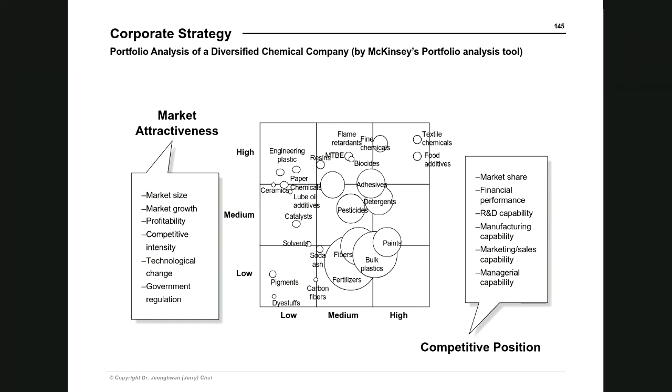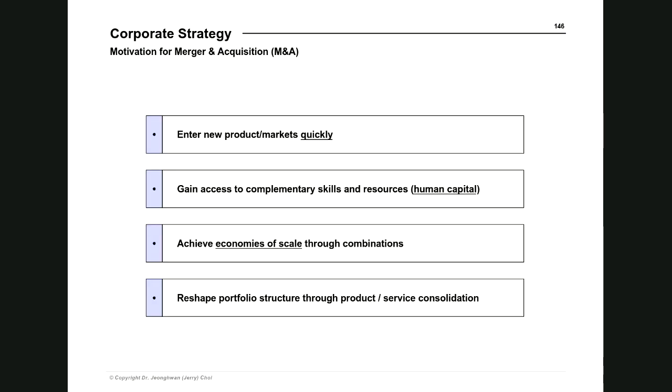Okay, good. So M&A: why do businesses, why do companies buy and sell a lot of businesses? There are a few reasons. First, if I want to go into a product, market, or service quickly, speed matters. So I'd better buy a company.